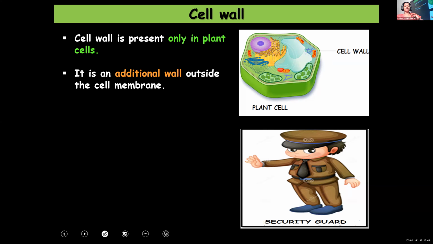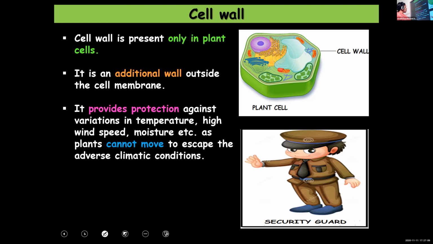They have no other option. They will be fixed at one place. They can't run. They can't move from there. Whether it is rain or wind or whatever it is, they have to withstand it. So to give them additional protection, since they cannot escape and have to bear all these harsh weather conditions, they are given an extra layer.